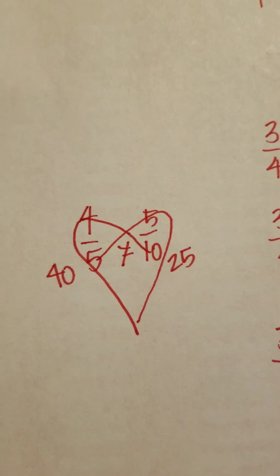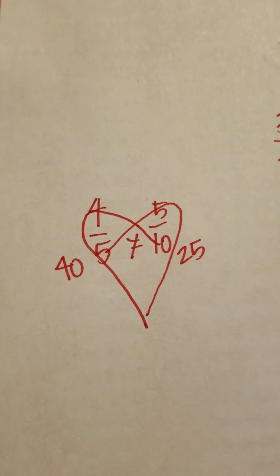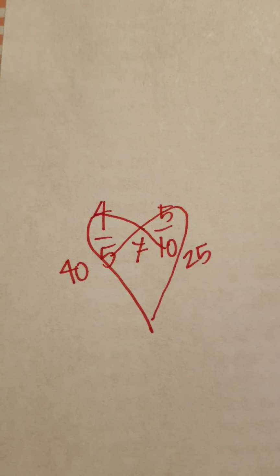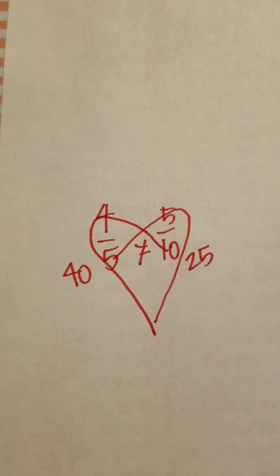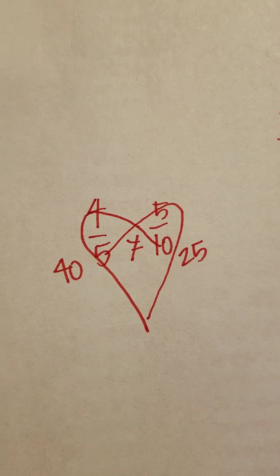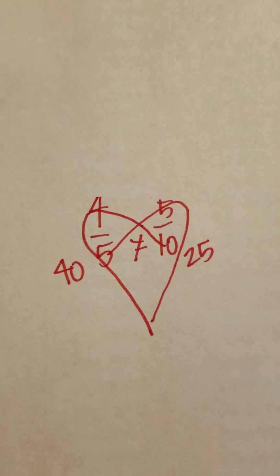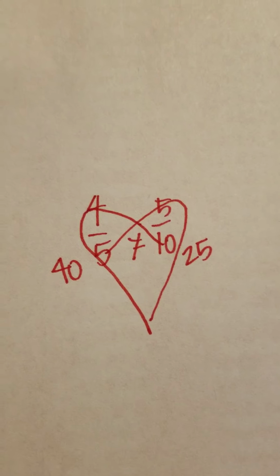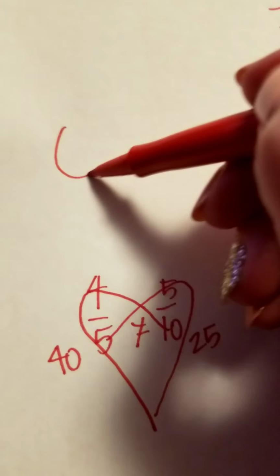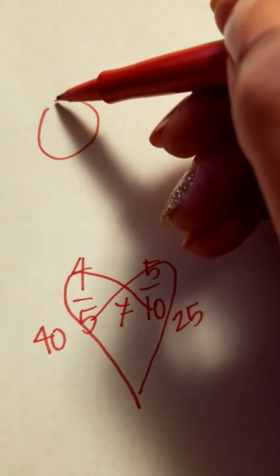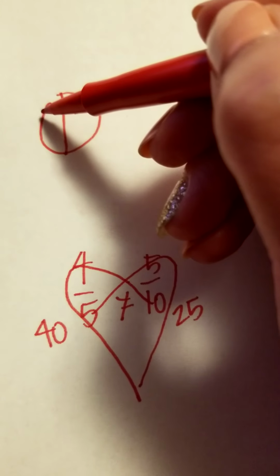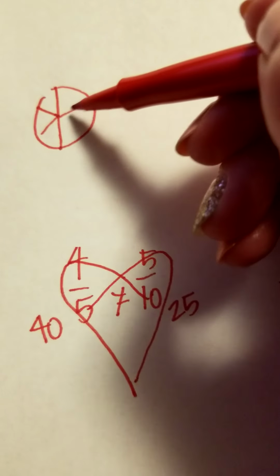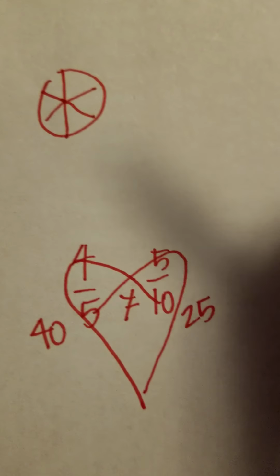I could also do a picture. I always tell the kids that pictures are not the best one, because it's really hard to get a picture to look exactly the same, to get those pieces exactly the same. And you've got to compare the same whole for it to match. And they want to come in and do this, and they want to say 4/5, and they'll go, 1, 2, 3, 4, 5. Well, that's 6.